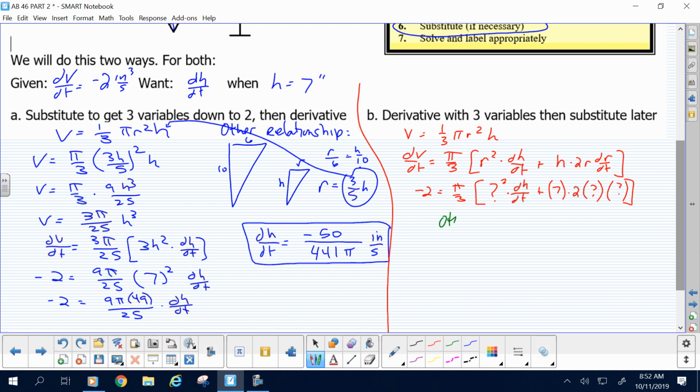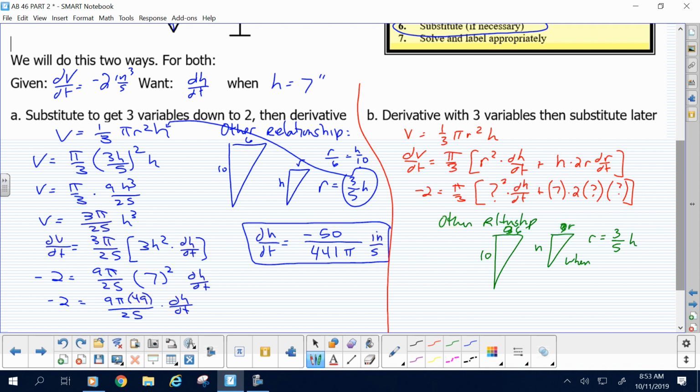So you still are not going to be able to avoid this similar triangle idea that we talked about over here, that the radius is 3/5 of h, yeah? You with me? Okay.